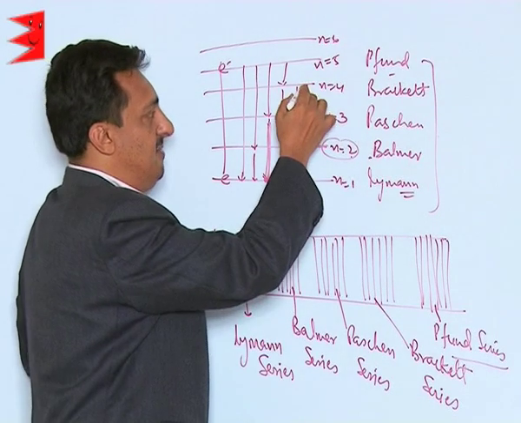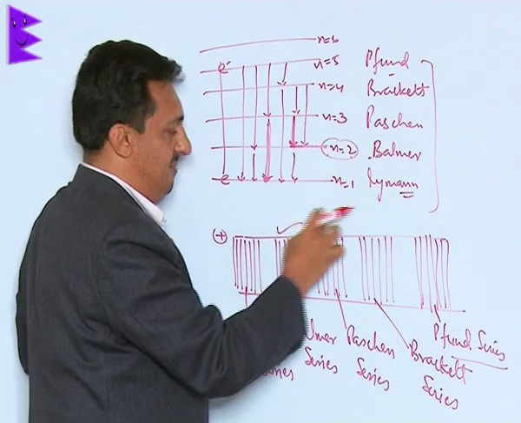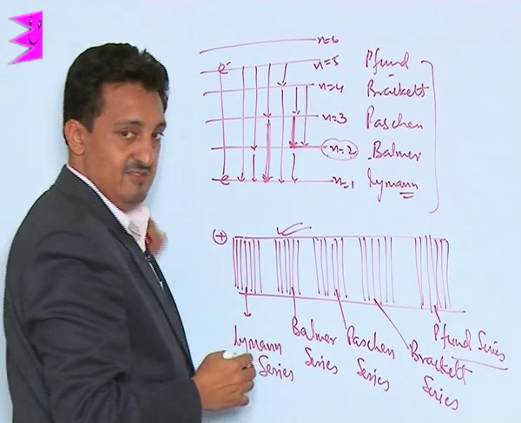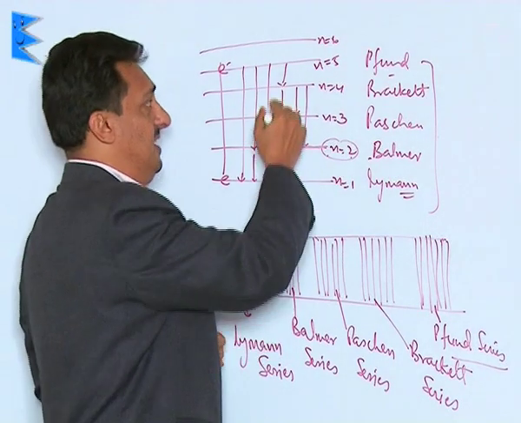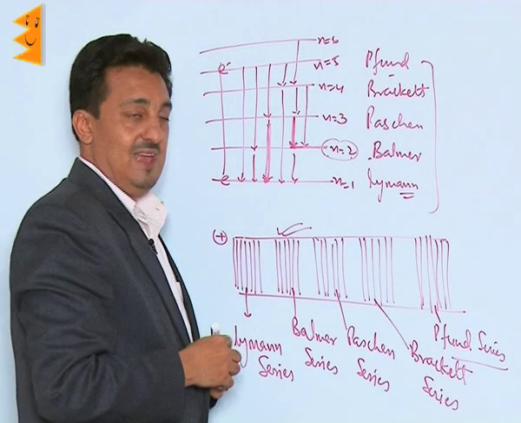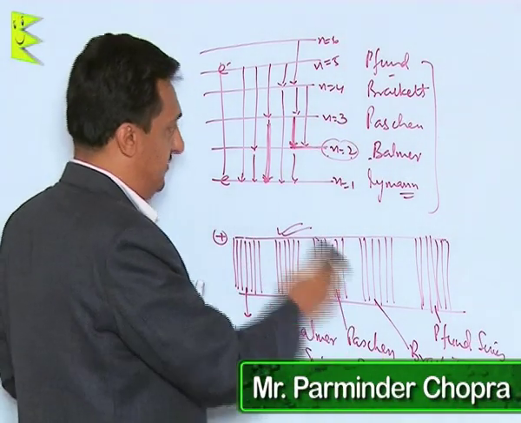Similarly, suppose an electron makes a transition from 4 to 2. Since it is falling to the second orbit, the line will again fall in the Balmer series. If a transition is made from 6th to 4th, the line for this transition will be in the Brackett series. So this is how we have the 5 different series.